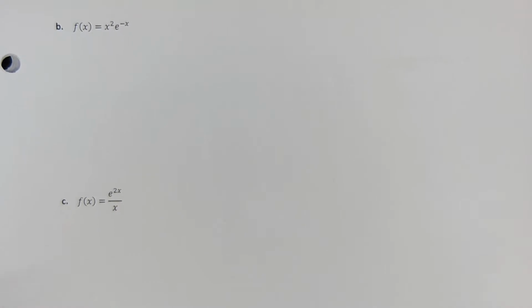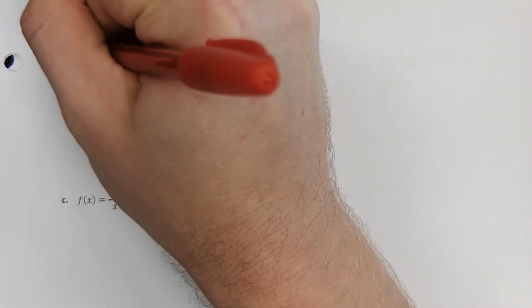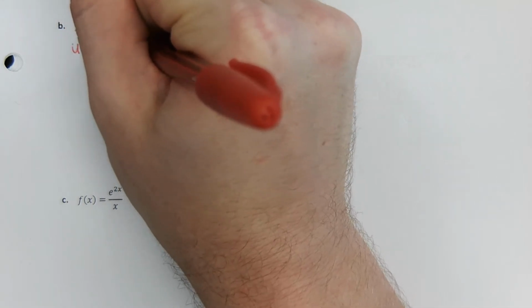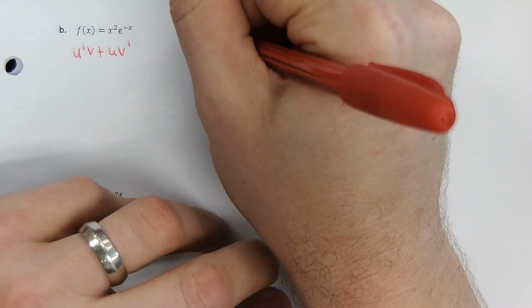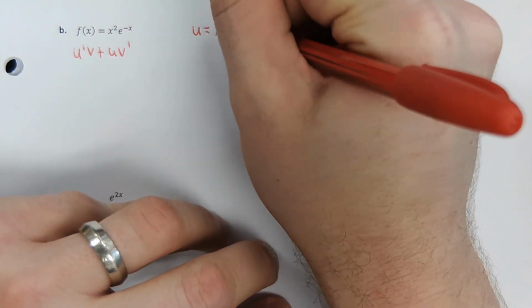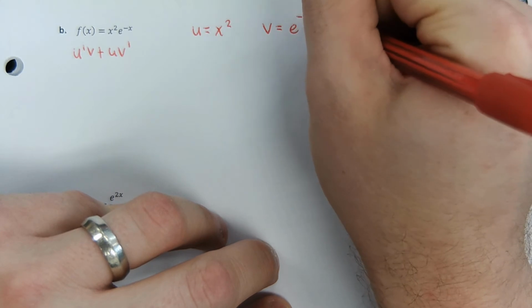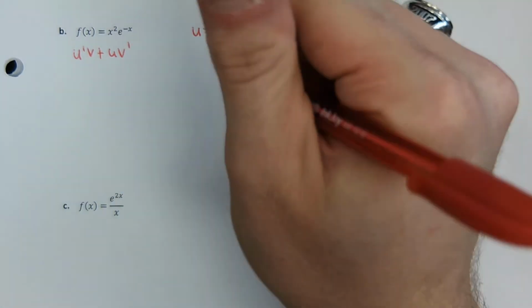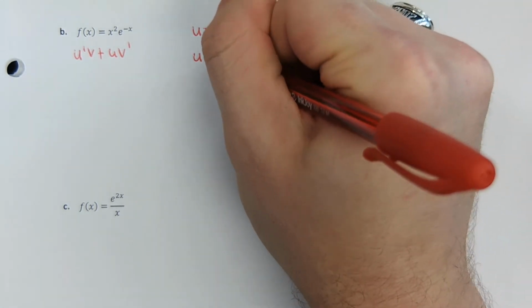Hey, look, a product rule. A product rule. u prime v plus u v prime. That's how we're going to find our derivative here. I will define u as being x squared and v as being e to the negative x. u prime is just 2x.